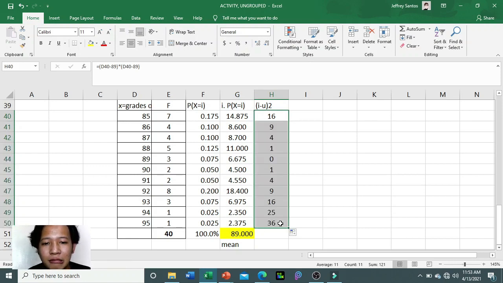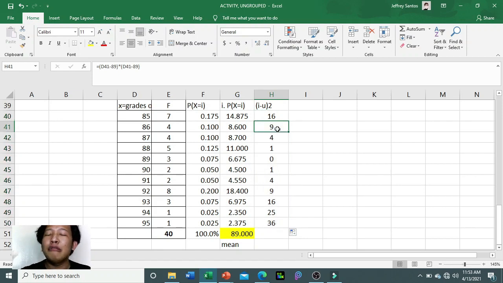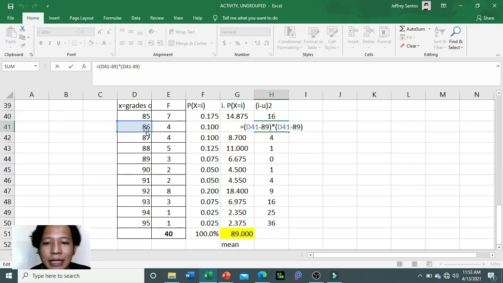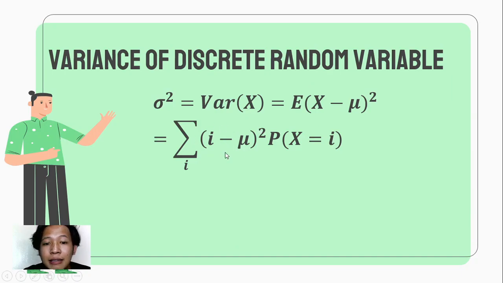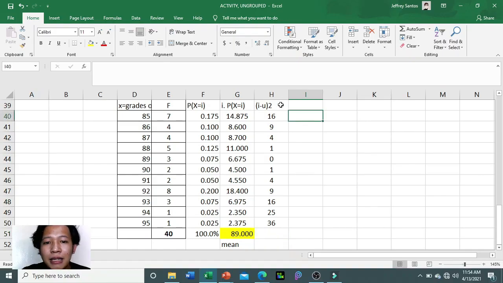Then we do it with the rest of the data. For 86, we deduct the mean, hence we would have the squared difference of 9. After getting the squared difference, we multiply it again with its corresponding probability.